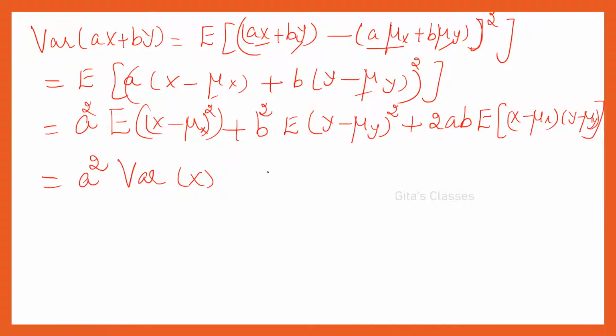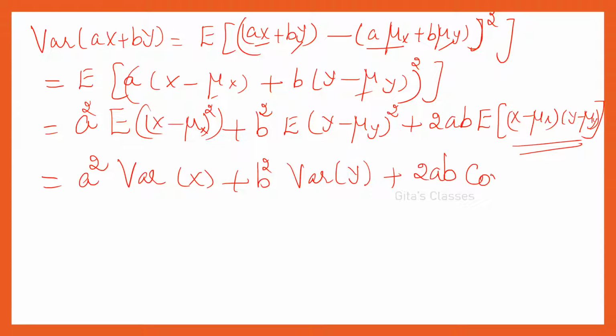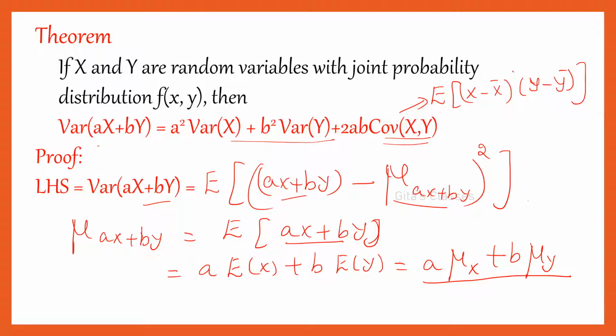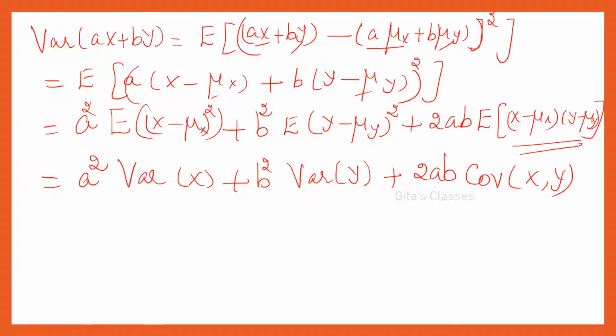This is nothing but variance of x plus b squared into variance of y plus 2ab into, just now I have given this explanation, that is covariance. Whenever you have more than one variable, we will talk about the covariance of x comma y. This is what you wanted to prove. We started with variance of ax plus by and we have proved this.